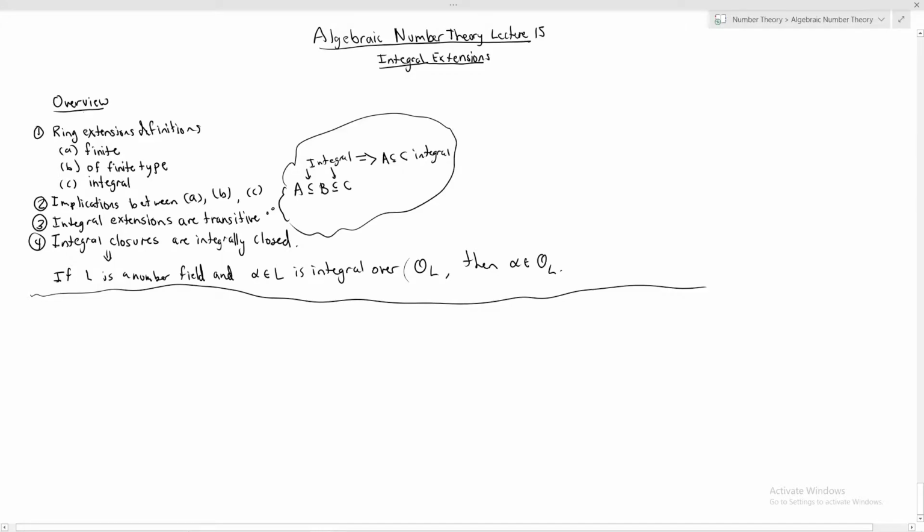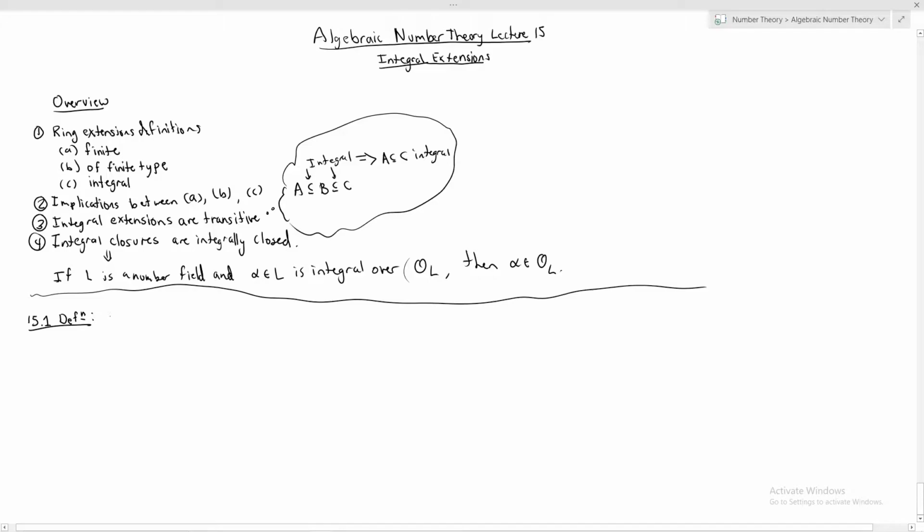So let's go ahead and talk about these different types of definitions. Okay, so this is 15.1. Definitions.